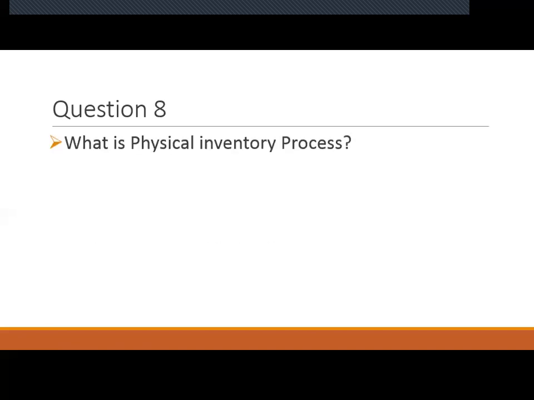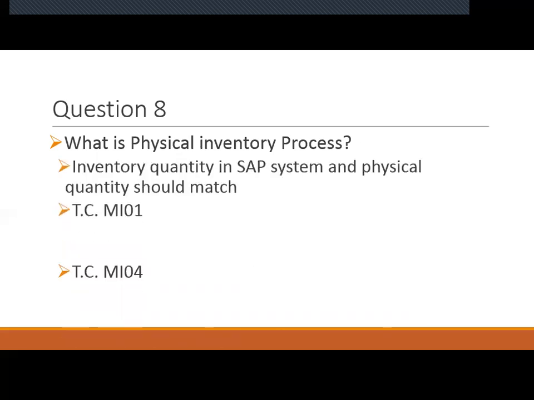What is the physical inventory process? It is the process of tallying the physical inventory with the quantity in the system. They may ask you what is the movement type. You have to tell them 701. These are the transaction codes MI01, 04, and 07.